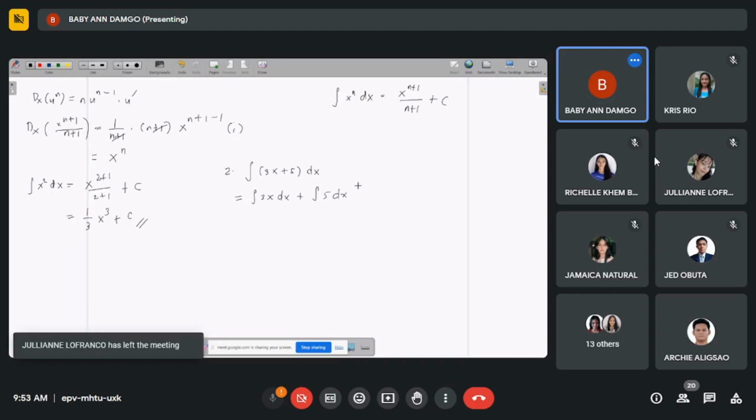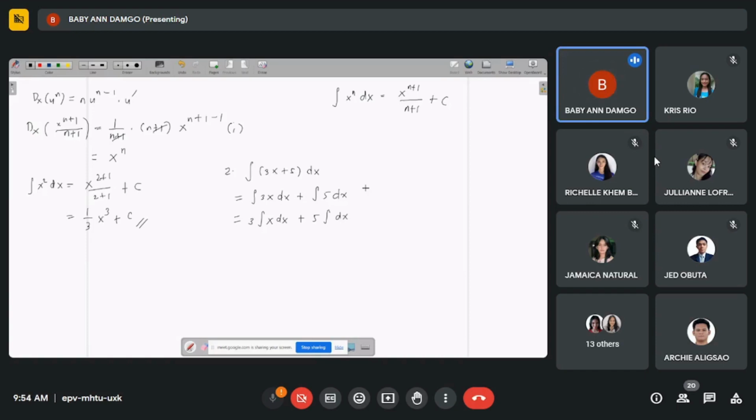Okay? So here, ma-apply na to ang katong mapagawas ang constant. So we have 3 integration of x dx plus, so 5 integration of dx. Okay? In which, ma-apply na nato ang power rule.